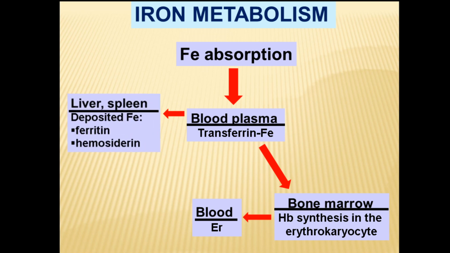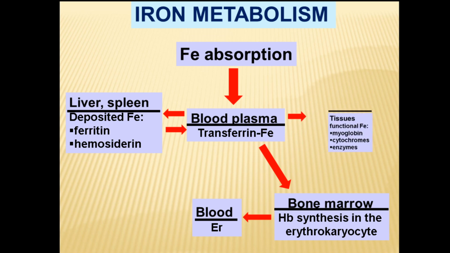Other parts of iron will be deposited in the liver and spleen in the form of ferritin and hemosiderin, which as needed very easily come back into the blood plasma and with transferrin are transported to the bone marrow for hematopoiesis.